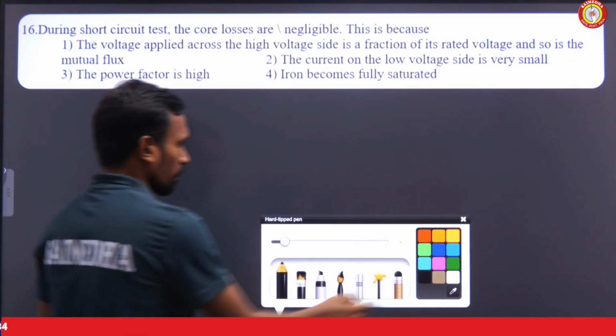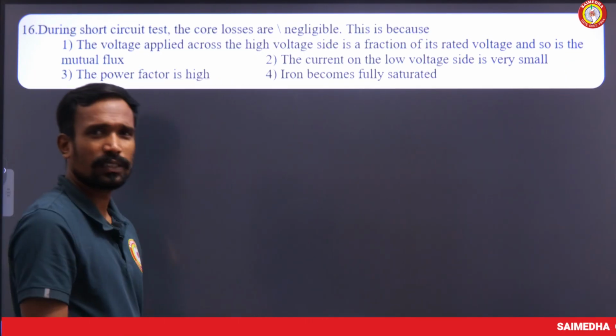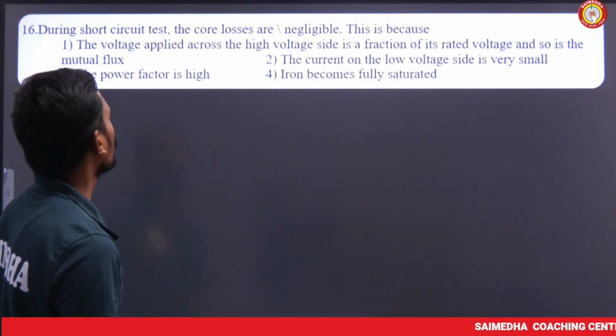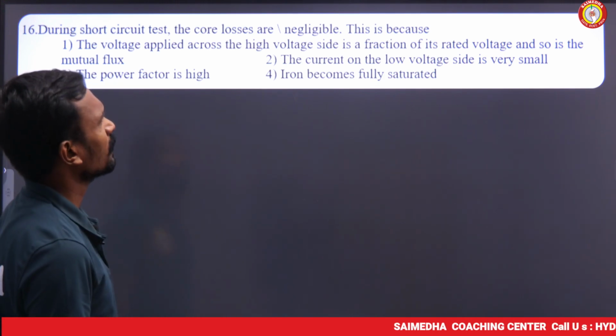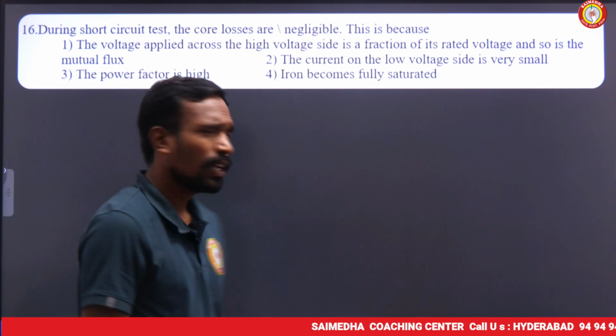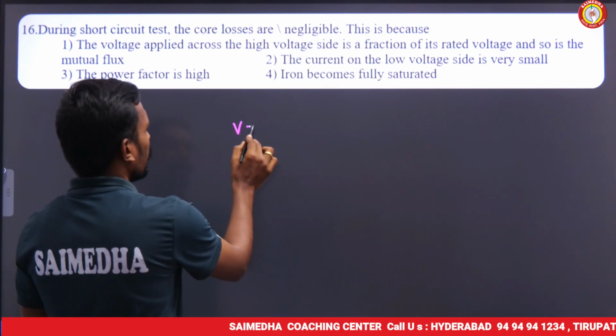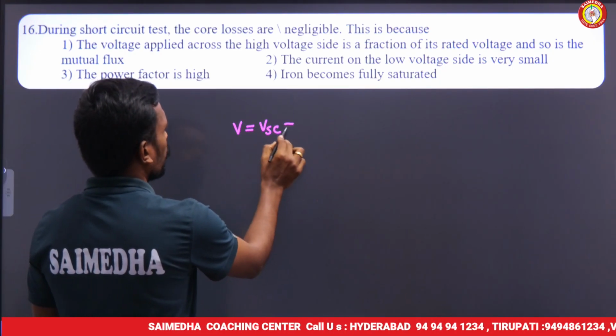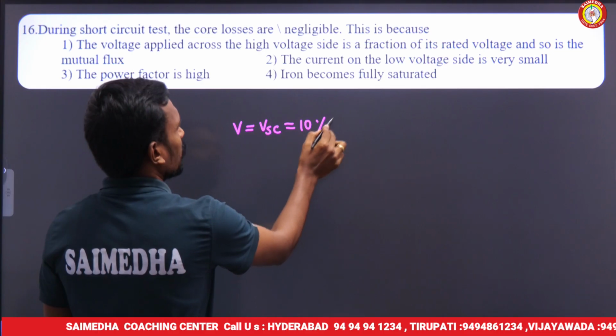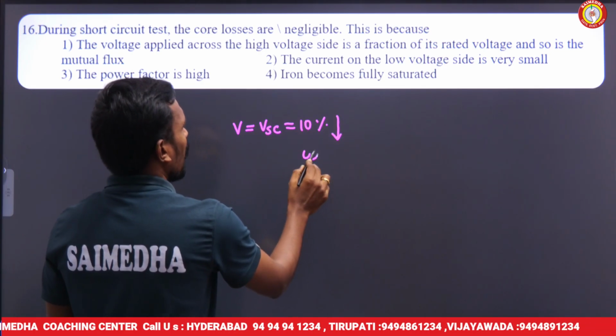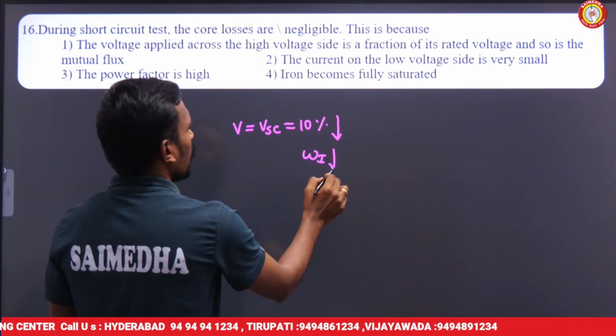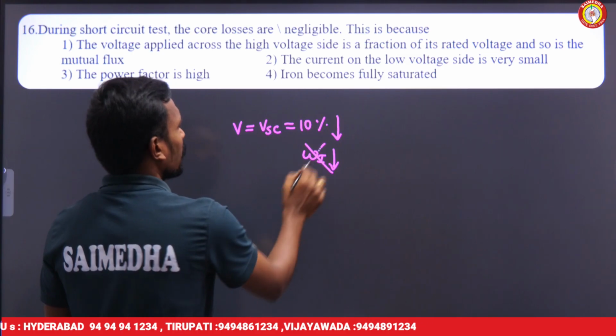Next question. What is the answer for this question? Can you tell me, guys? During short circuit test, the core losses are negligible. This is because during short circuit test, the voltage V is equal to the short circuit voltage, in the range of only 10%. Voltage is very less. The iron losses depend on voltage, so they are negligibly small.